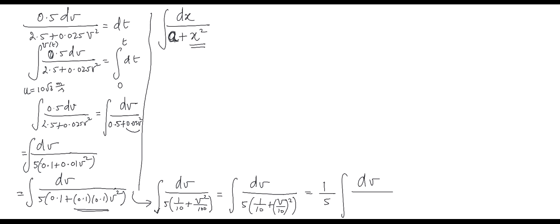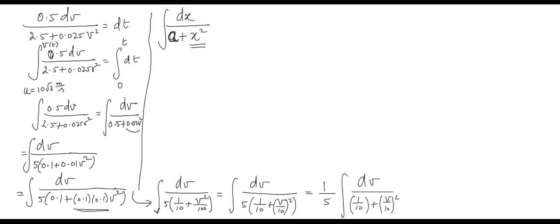1 over 10 can be factorized, right? No, we don't need to do that. Let it be. This is okay. So all we are saying is that this is going to look like 1 over 10 plus v over 10 whole square.